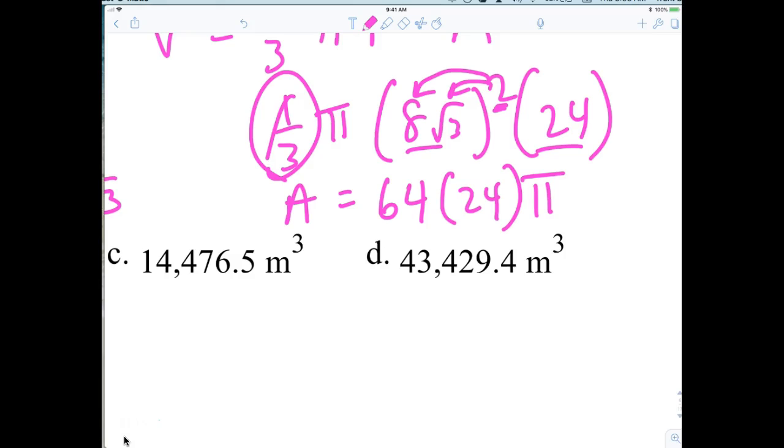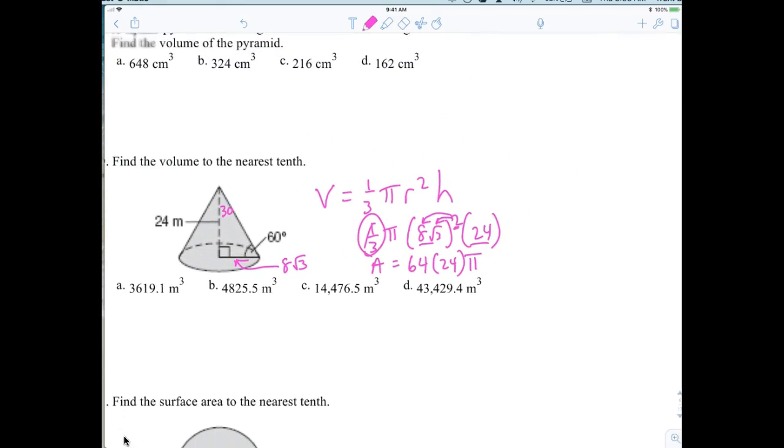So, let me check this in the calculator. Can you go to the figure? For the figure, the hypotenuse would be 16 radical 3. But I'm not interested in the surface area, I'm interested in the volume: 1/3 pi r squared h.